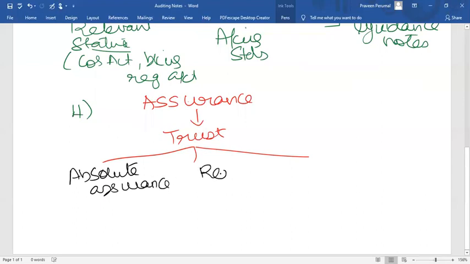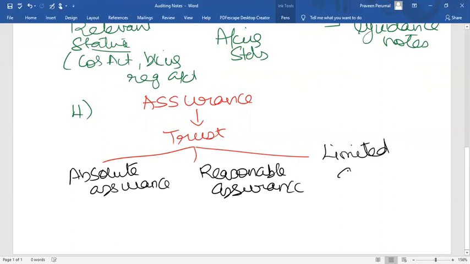Second is reasonable assurance. Third is limited assurance. One is absolute assurance, the other is reasonable assurance, third is limited assurance.